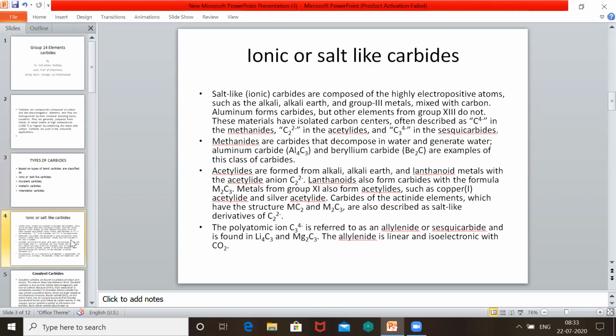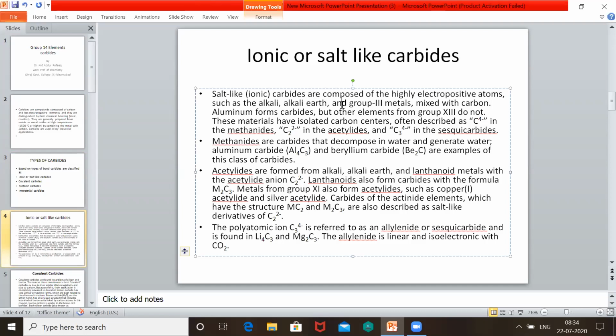Now let us see in detail what ionic or salt-like carbides are. Ionic and salt-like carbides, as I told you, are formed by carbon and metals. For ionic carbides, the difference between the electronegativities should be more than 2.1. Hence, the less electronegative metals form this type of carbide.